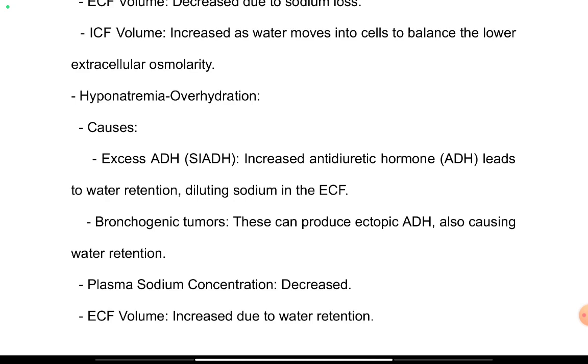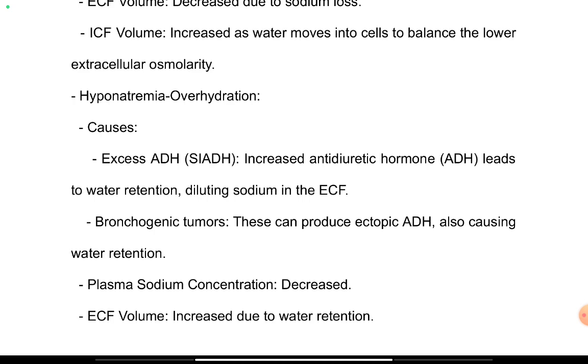Another instance is antidiuretic hormone. I told us earlier that antidiuretic hormone is a hormone that is responsible for retaining water inside the body. This hormone acts in the distal tube of the kidney, and it helps to retain more water from urine. So you pass less urine and you retain more water. That's the function of antidiuretic hormone.